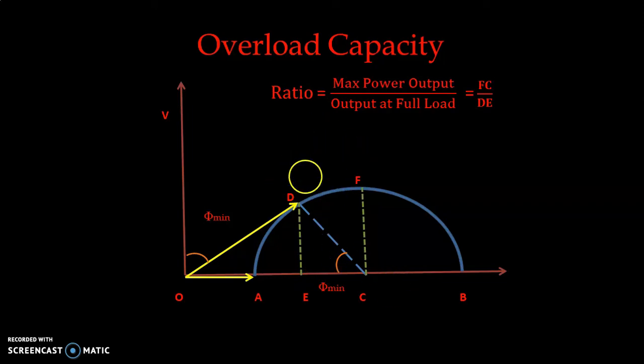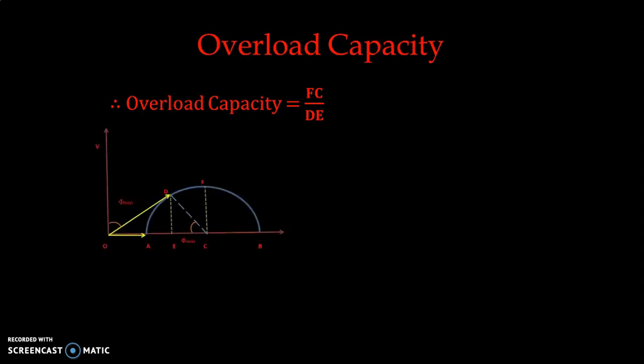So overload capacity is nothing but a ratio of FC to DE, that is maximum output power and output at full load. If we take this circle diagram as a reference, we can further derive the equation for overload capacity.